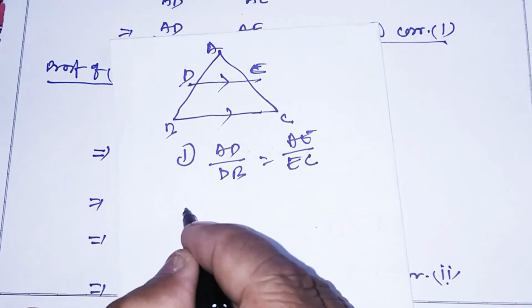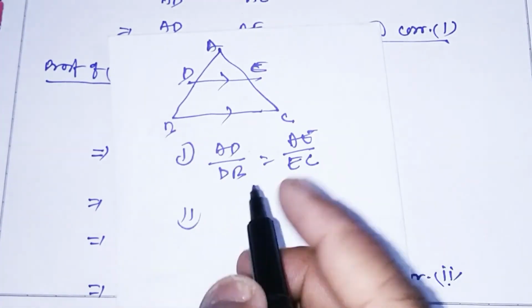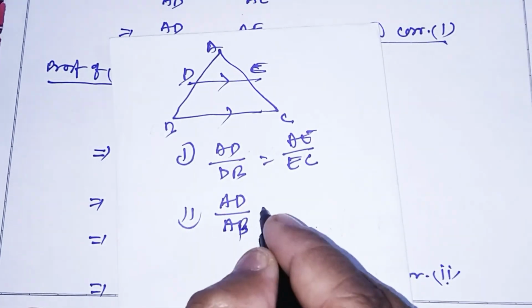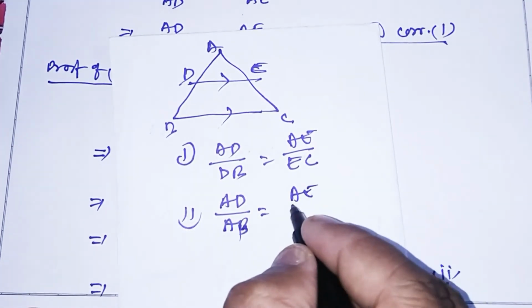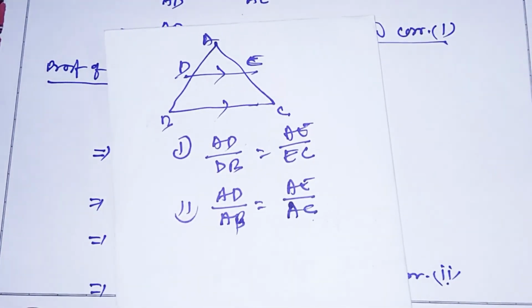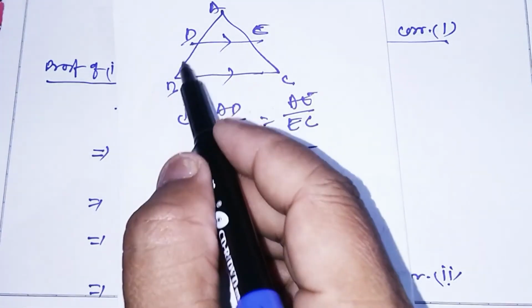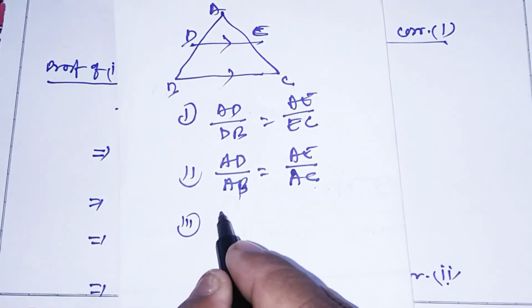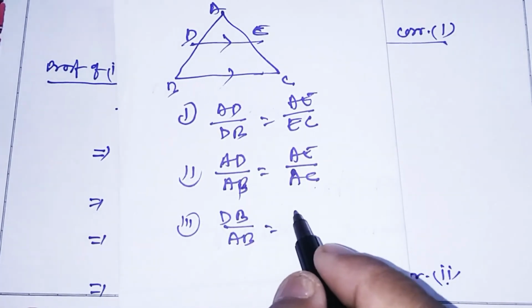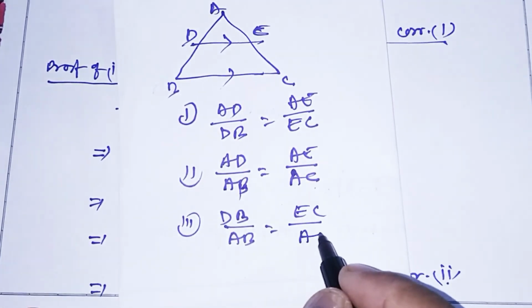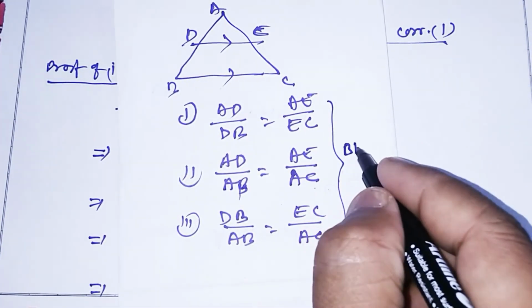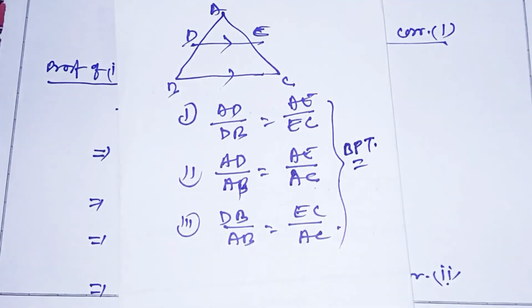Second, AD by AB is equal to AE by AC. And third is DB by AB equal to EC by AC. So these three results together we can use from BPT.